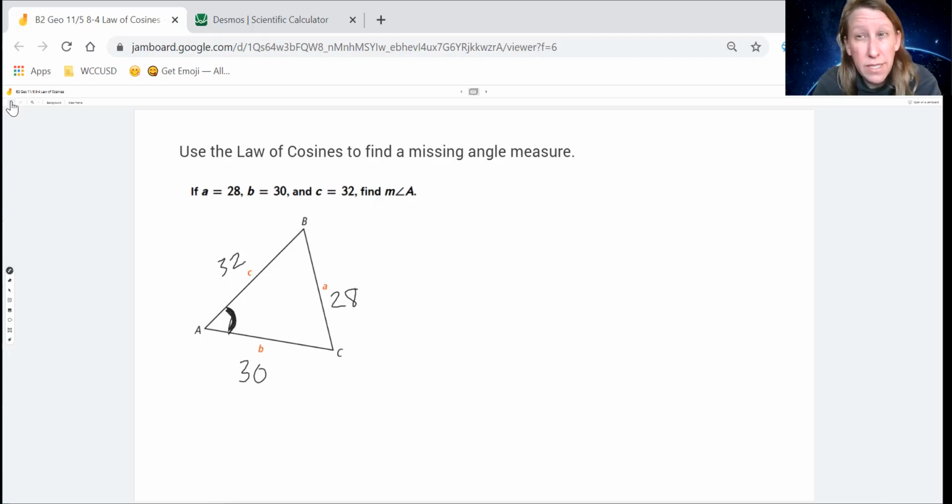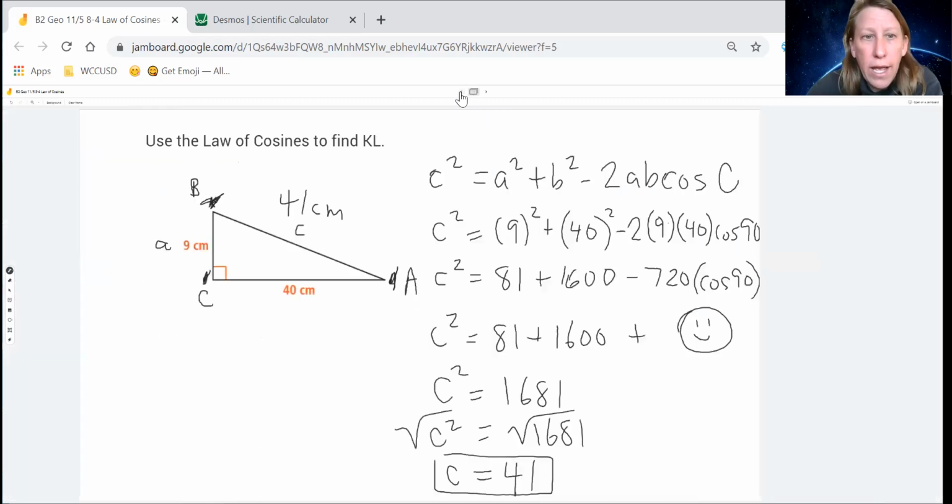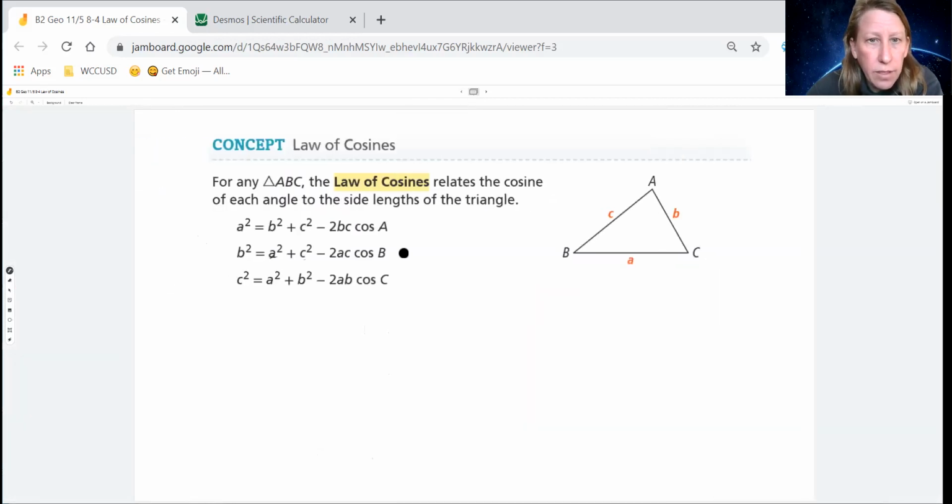I can't use law of sines because I don't have an angle and its opposite. For law of sines, you need at least one pair of angle and opposite side. So I'm going to use the law of cosines. Let me show you how this works. I want to solve for the measure of angle A, and the only formula that has angle A in it is this one.